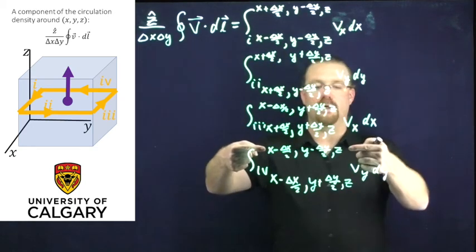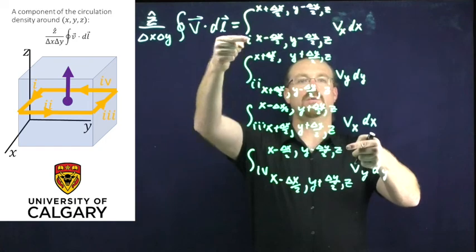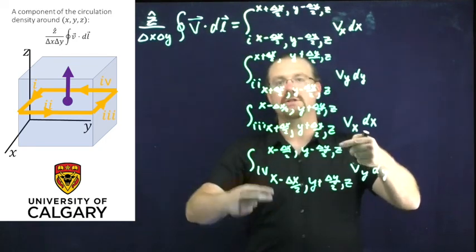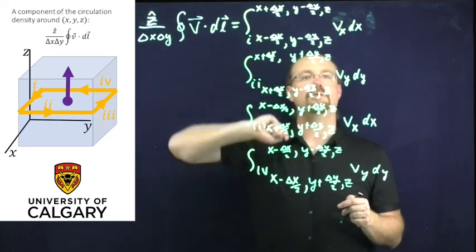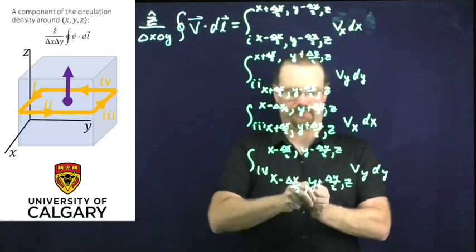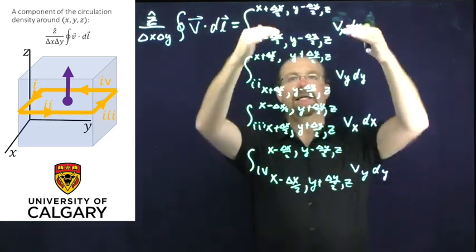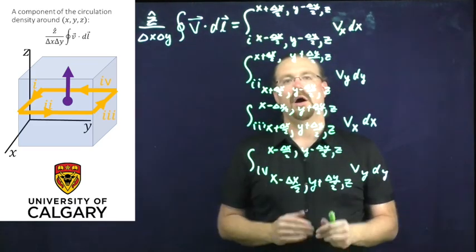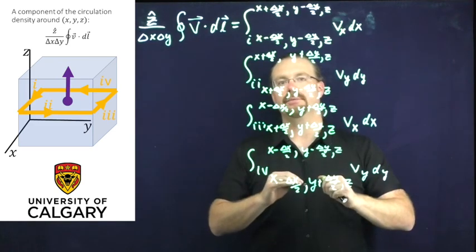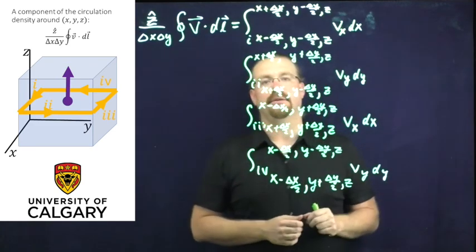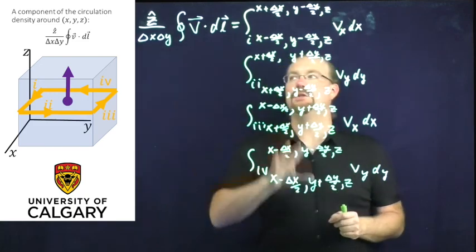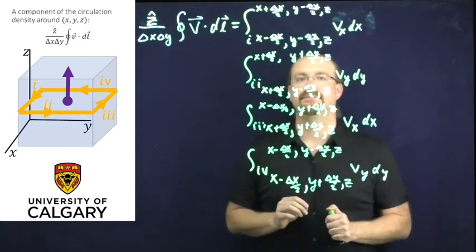Note the point we end with is actually the same point that we started with, because all four of these together wind up making a closed path. Each of these four integrals are going to be slightly different. And when we evaluate them, that difference is going to be what winds up giving us the curl.